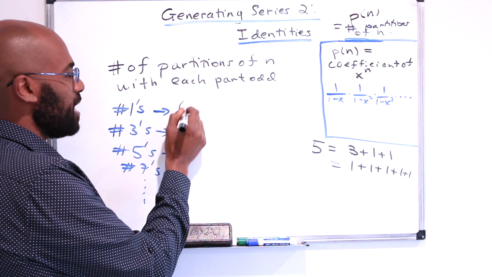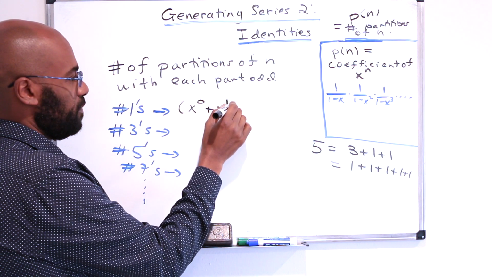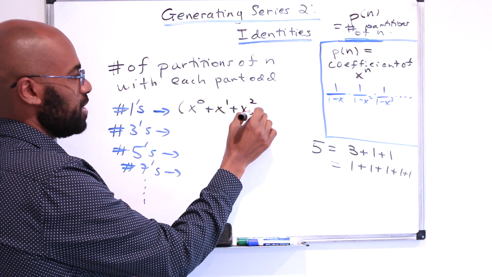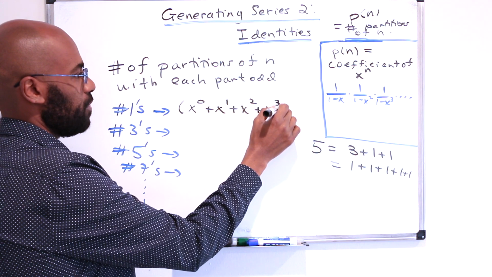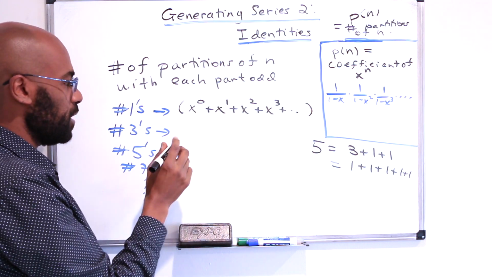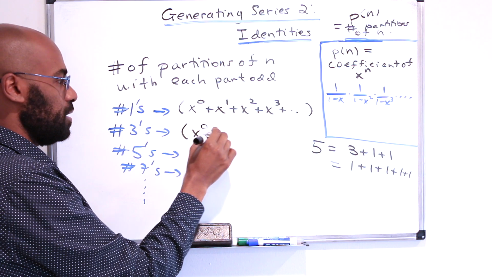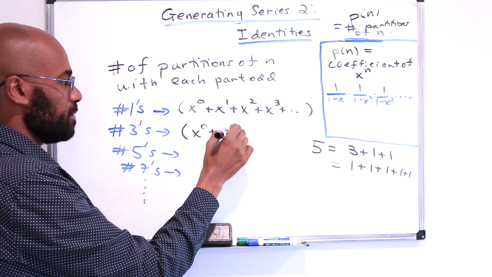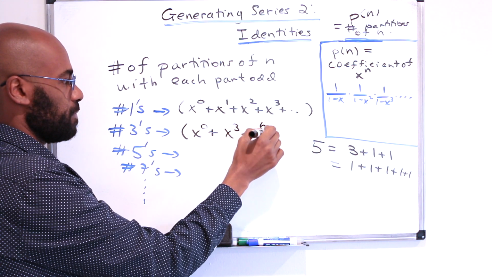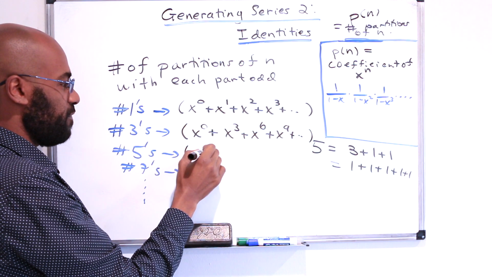Okay, so here we can have any number of ones that we want. So we'll have this series right here that keeps track of the number of ones in the exponent. For example, this term is saying we're picking 3 ones. And then we'll keep track of the number of threes in this series, 2 threes, 3 threes, etc. Here the number of fives.